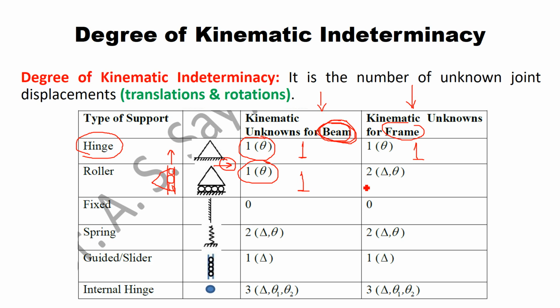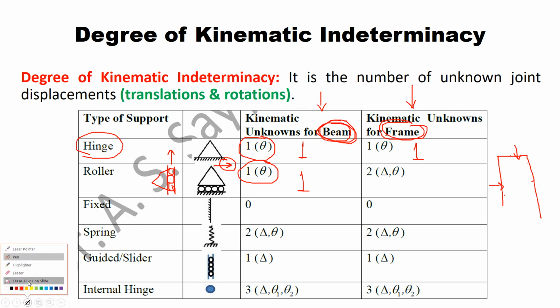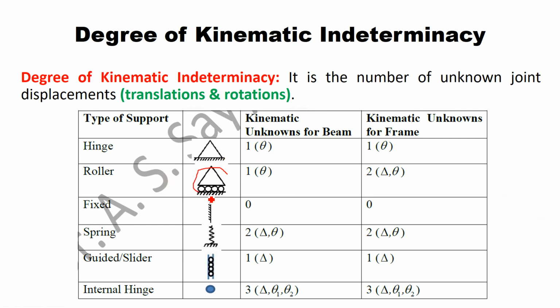But the same roller support when provided in the frame structure, since a frame is a two-dimensional structure subjected to horizontal as well as vertical forces, any point of the frame structure is having displacement in x direction as well as y direction. Therefore, when roller support is provided in case of frame structure, degree of kinematic unknowns at roller support becomes 2, that is delta and theta.